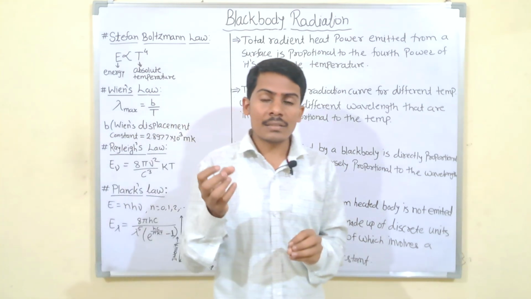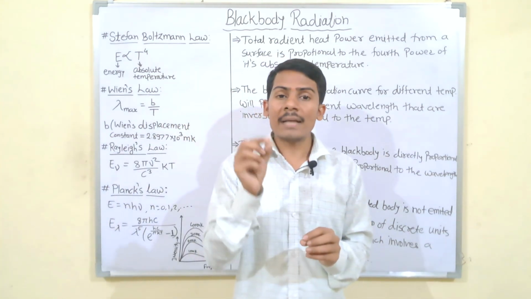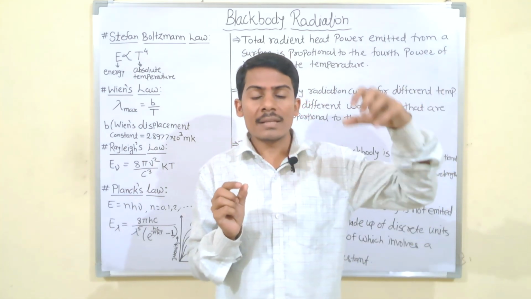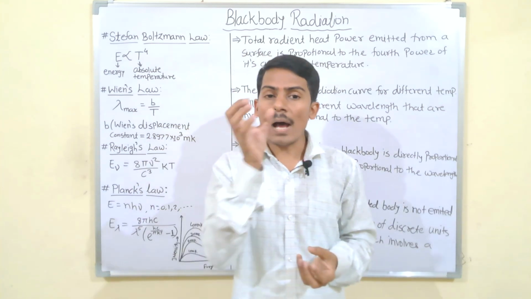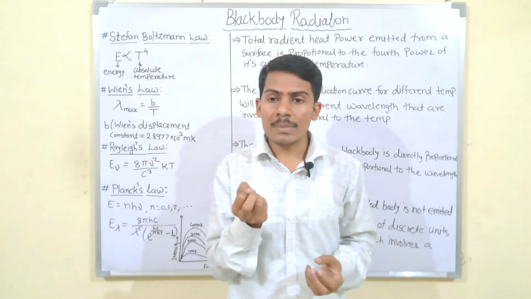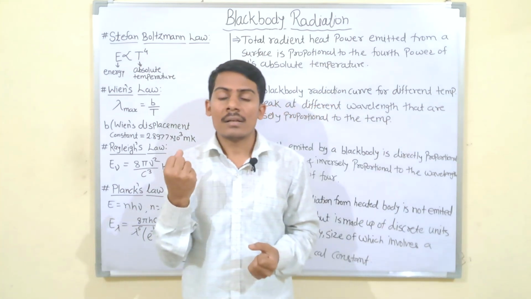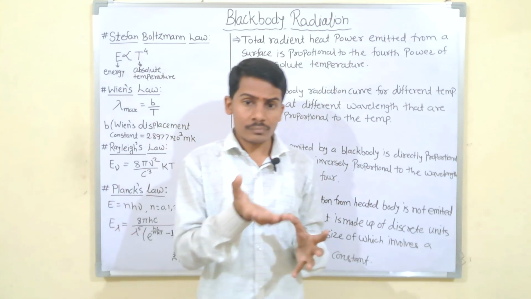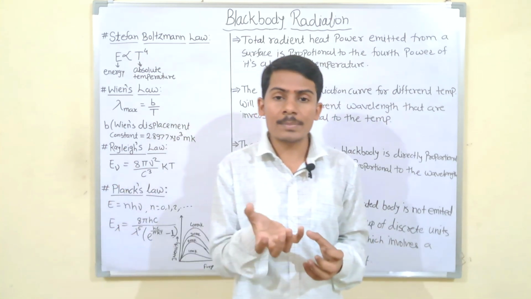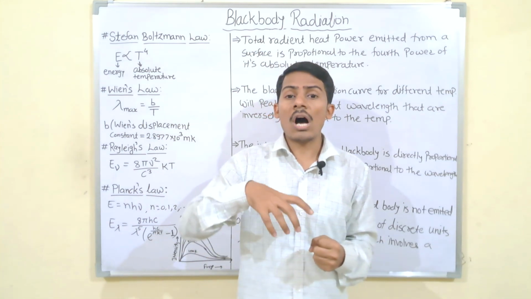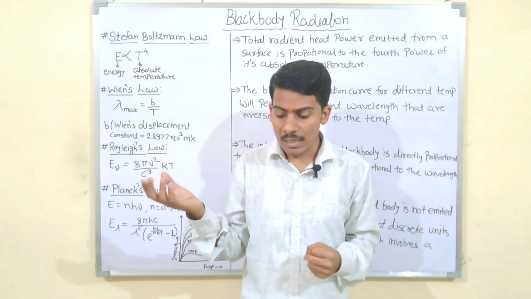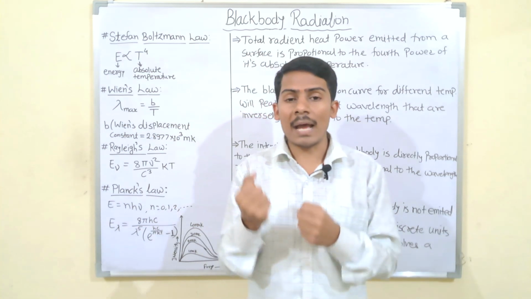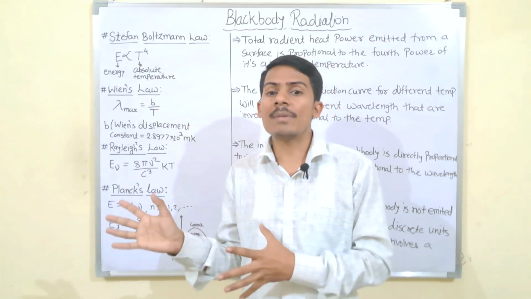That cavity has one small hole, and when the radiations are incident on the surface and pass through the hole, it absorbs all those radiations, and when we heat that object, at that time it emits all the radiations. This means at thermal equilibrium, the black body is the perfect absorber as well as the perfect emitter.